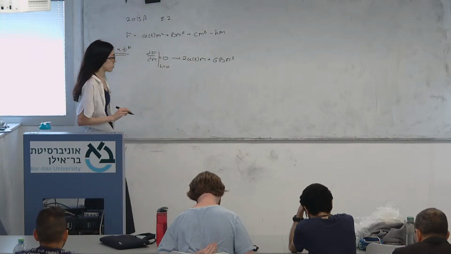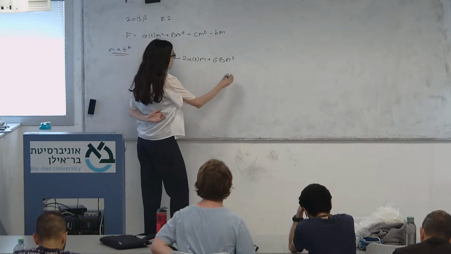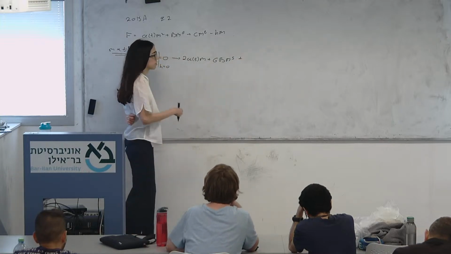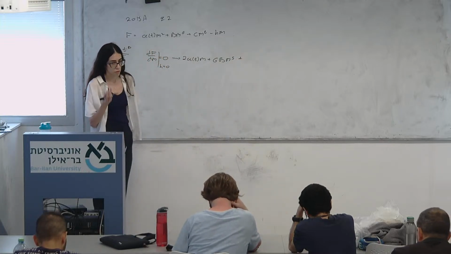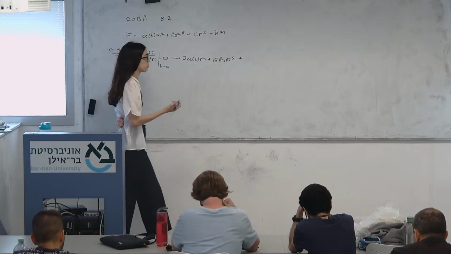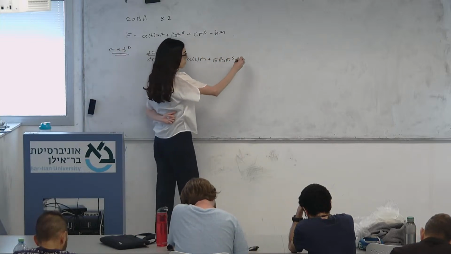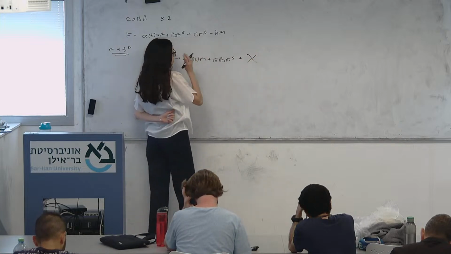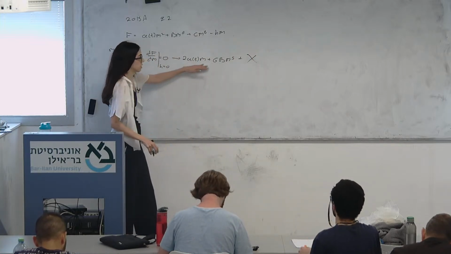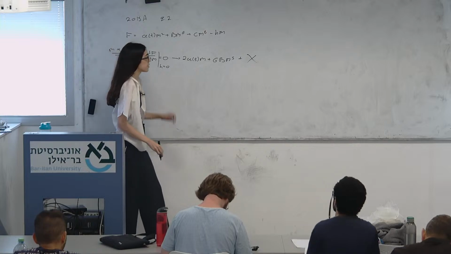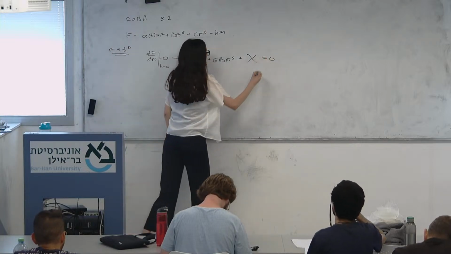Yeah, h equals 0. Plus we have additional orders of m, but we only need the first order around m equals 0, so this is just higher order, and we take only m and m to the 5.